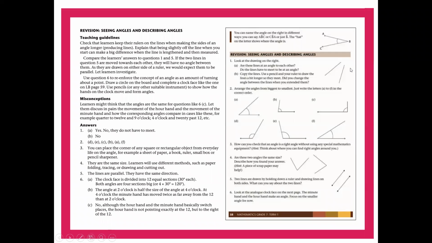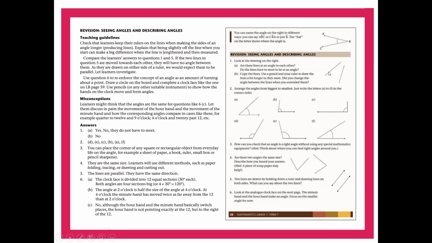Yes, they are. Do the lines have to meet to be at an angle? No, they don't. An angle just means that there is a slight turning point between the two, even though they're not meeting.